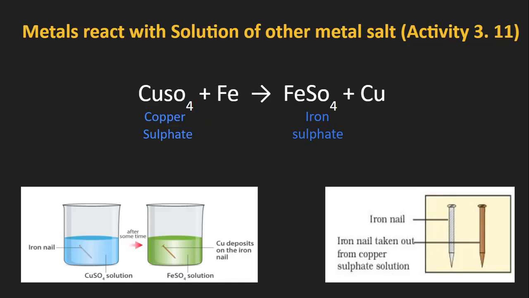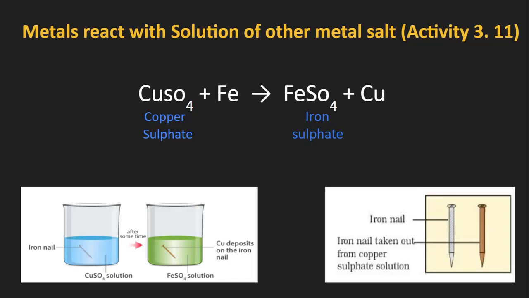Now there is a question in everybody's mind: why did this happen with the iron nail? Why did the color of the iron nail change and also the color of the copper sulfate solution? Because here iron displaces the copper, as we have learned that a more reactive metal displaces another metal from its compound.